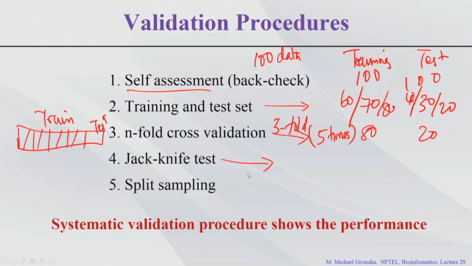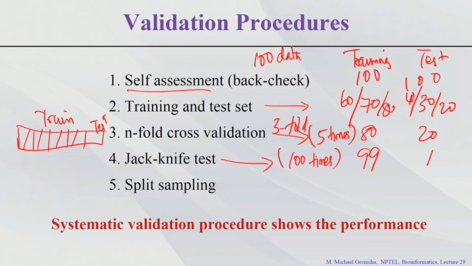In this case, if it is 100 training data, take 99 to train and 1 to test, and repeat 100 times. Then you see the performance after you get all the outputs, comparing with the experiments.